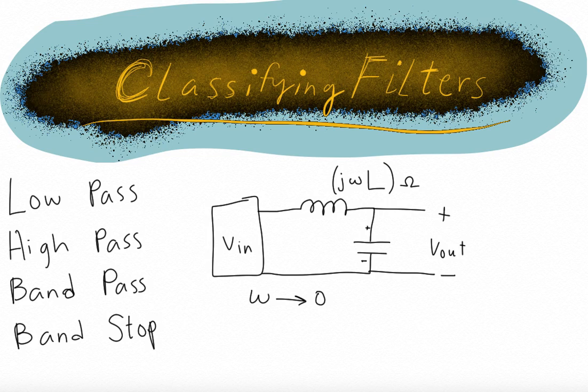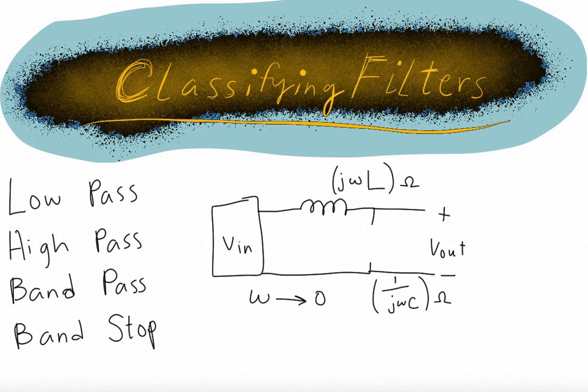And the impedance of the capacitor is 1 over j omega C. When omega approaches 0, the denominator becomes a very, very tiny number, and that becomes infinity ohms, and therefore this becomes an open wire. So you could basically erase that.